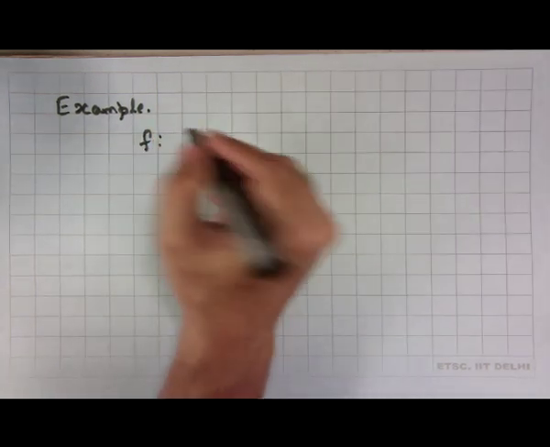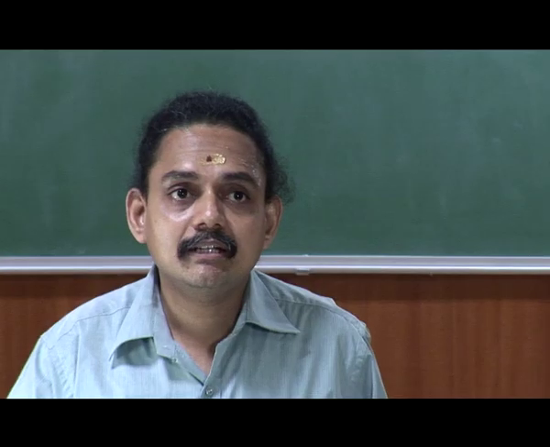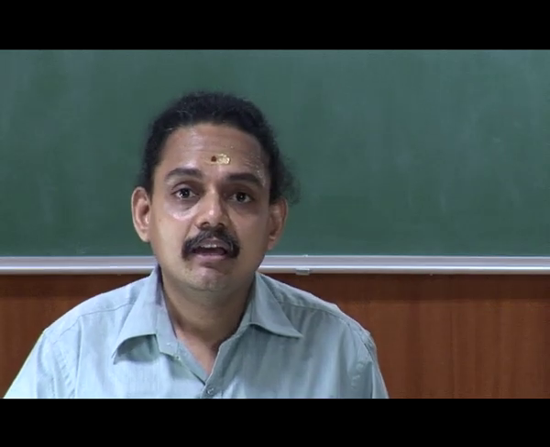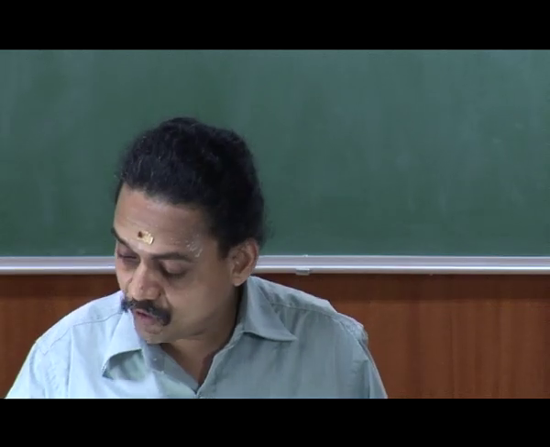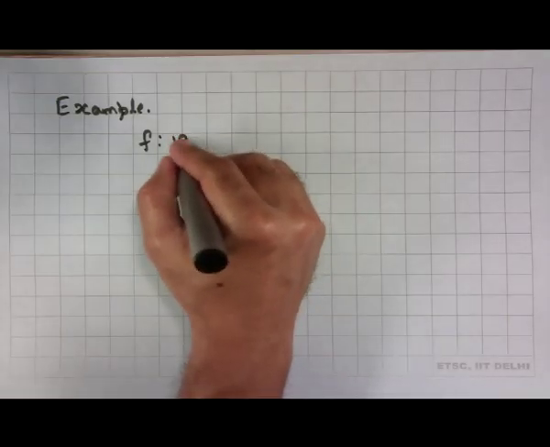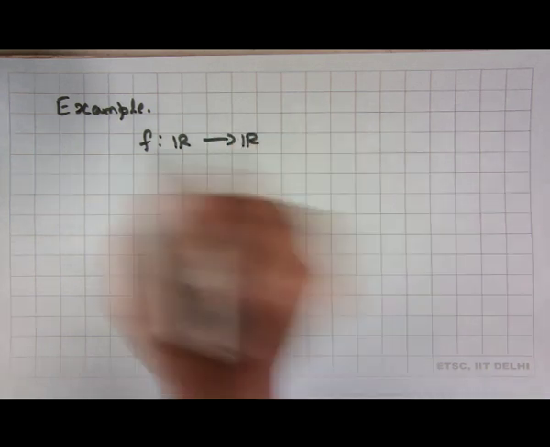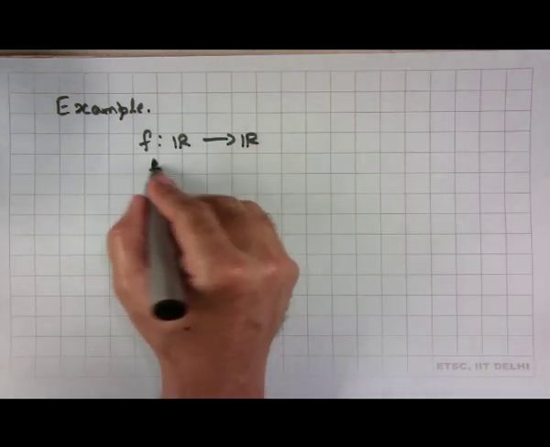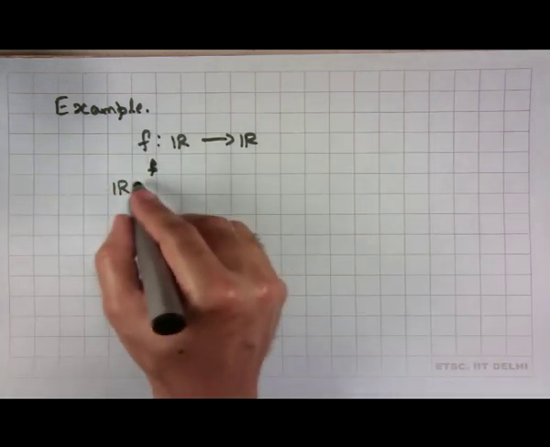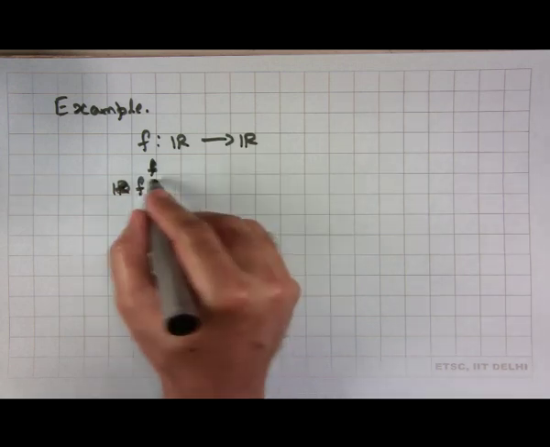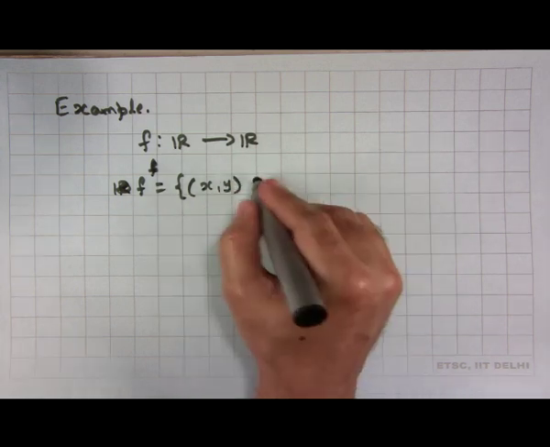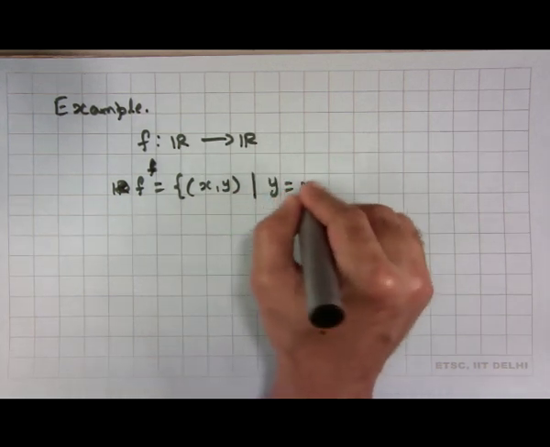In fact, we looked at all those pairs such that the first element is the square of the second. Let us do it the other way, that the second element is the square of the first, from R to R, the set of real numbers to real numbers, where f equals all those pairs (x, y) with the condition that y is of the form x square.